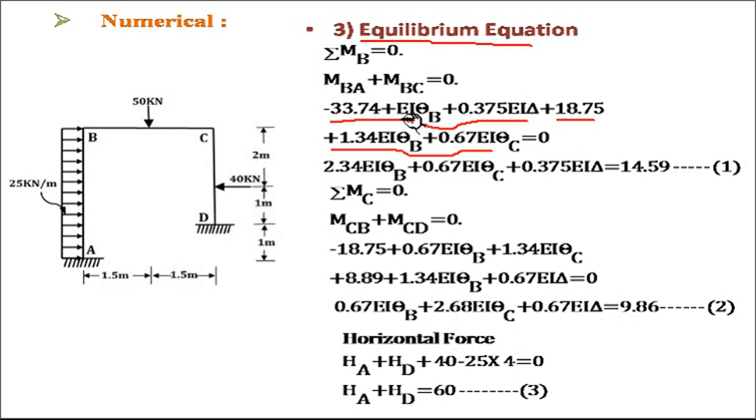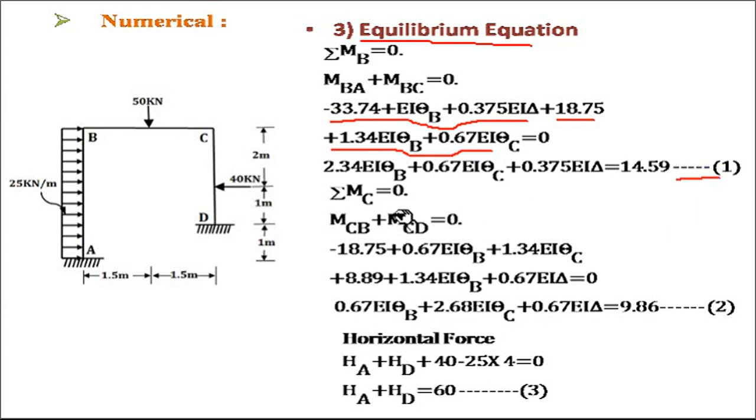Now collecting the common terms of EI theta B, EI theta C, and EI delta, and rearranging, we get 2.34 EI theta B plus 0.67 EI theta C plus 0.375 EI delta equal to 14.59. This is the first equilibrium equation.